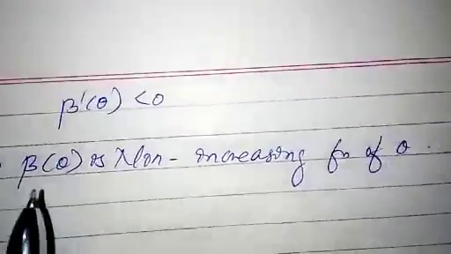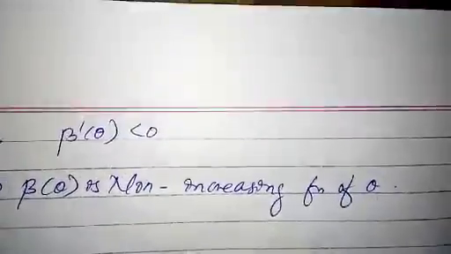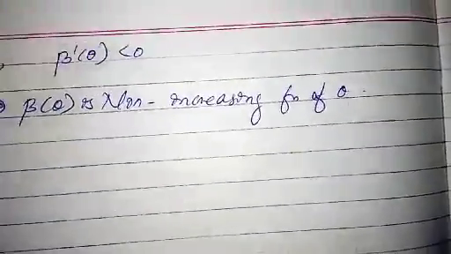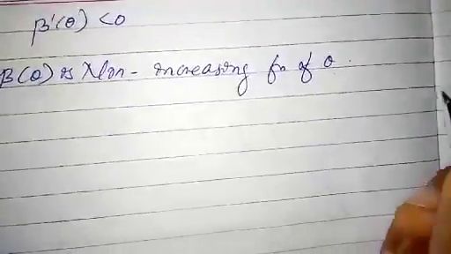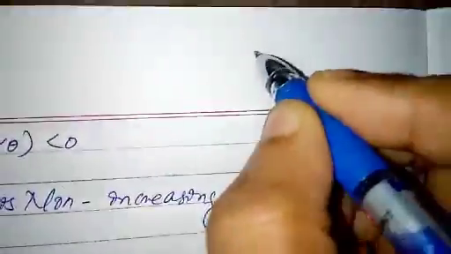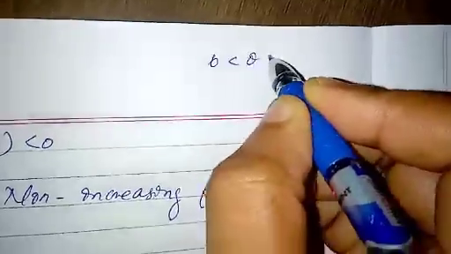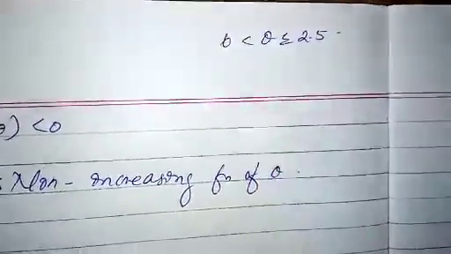Then we want to find out for which value beta of theta attains supremum. Here theta takes the range 0 less than theta less than or equal to 2.5, right?